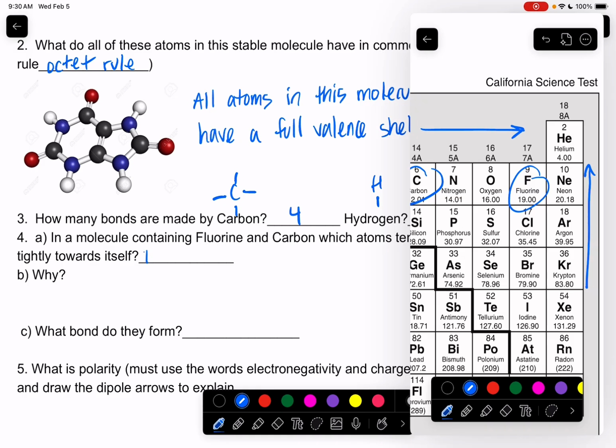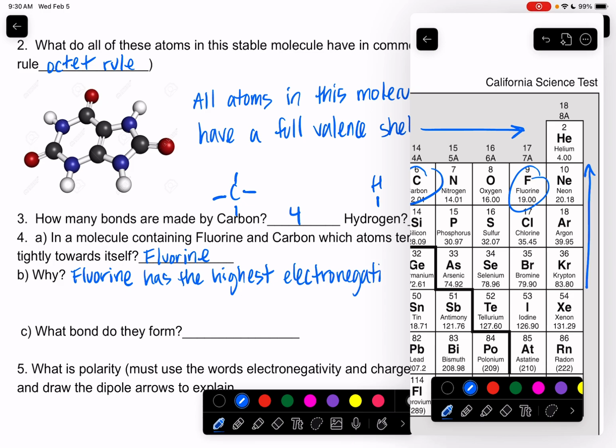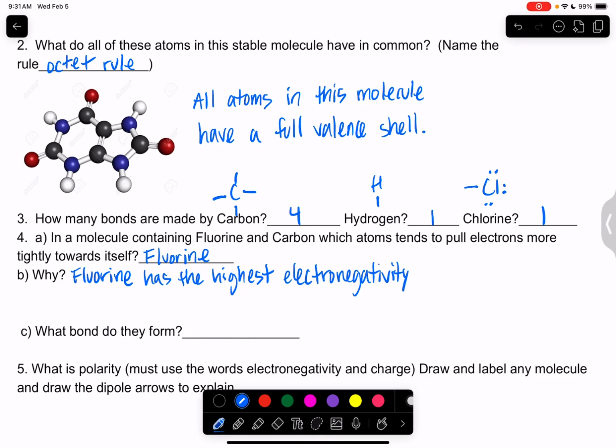So I'm going to write fluorine. And then the why is because fluorine has the highest electronegativity value compared to carbon.